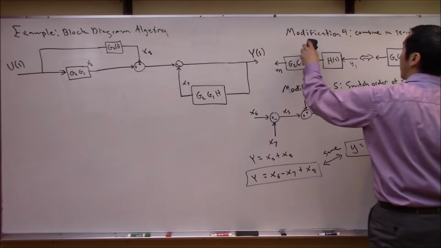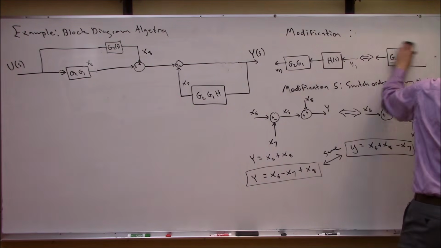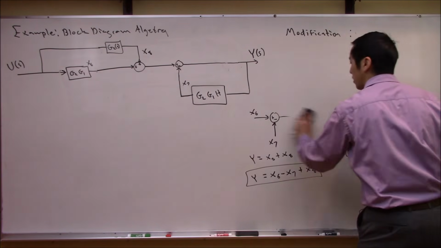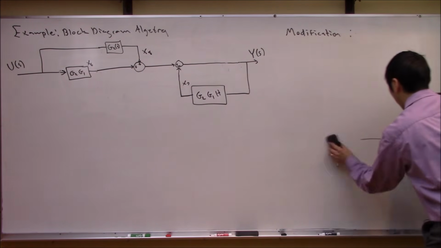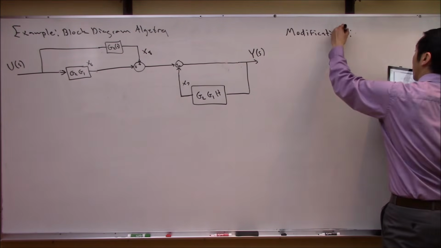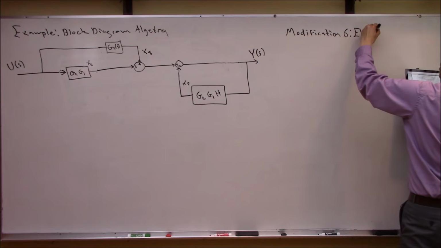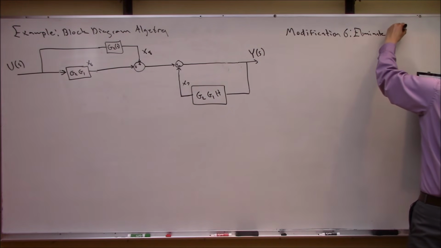So now let's talk about modification number 6. Let's keep going. What's the next thing we want to do to this block diagram to simplify it? Let's go ahead and eliminate the feedback loop.